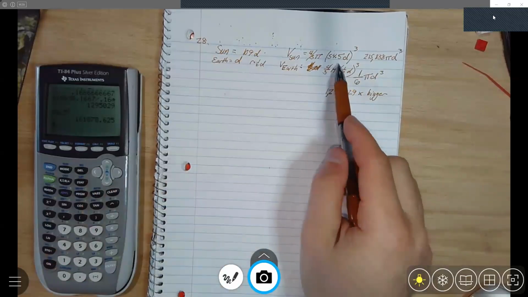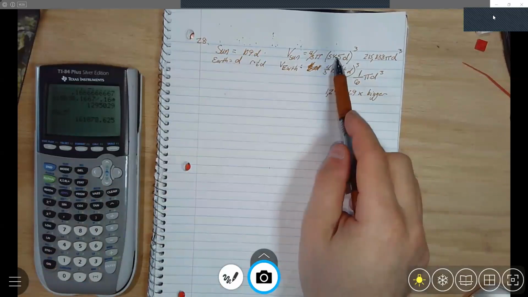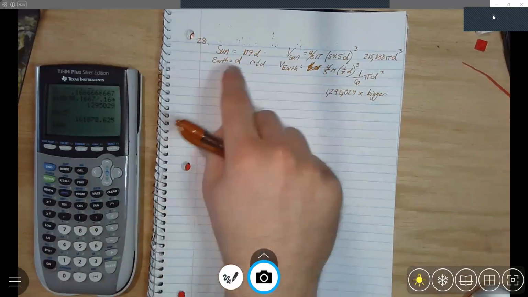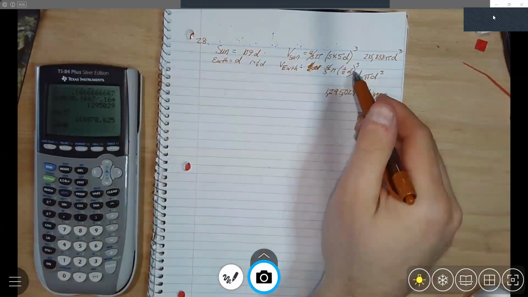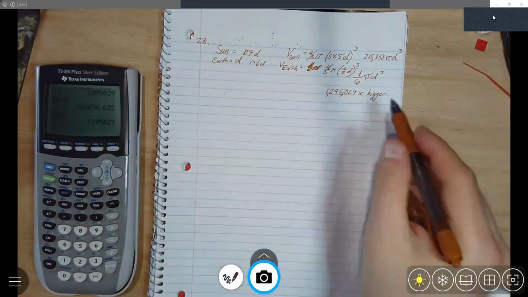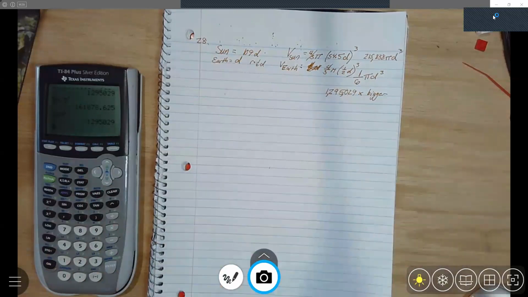So here the sun's radius is 109 times that of the Earth's. And if you cube that, you get this 1.295 million number.